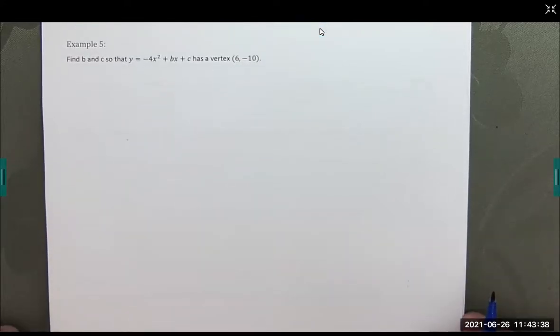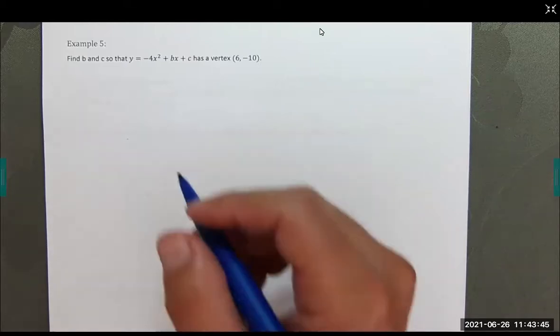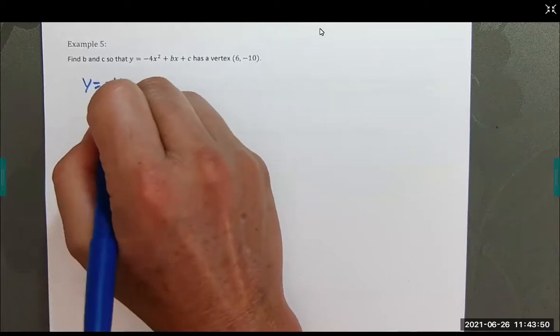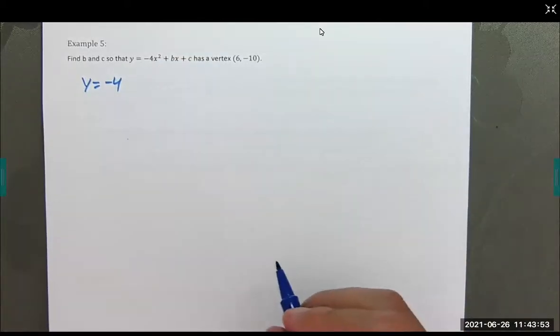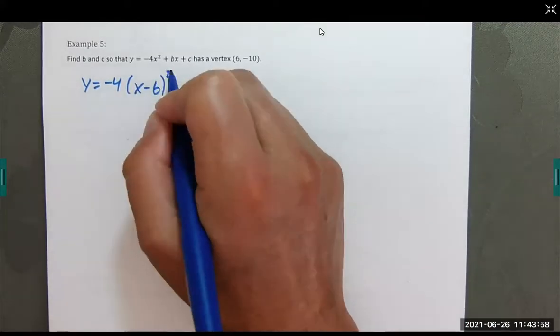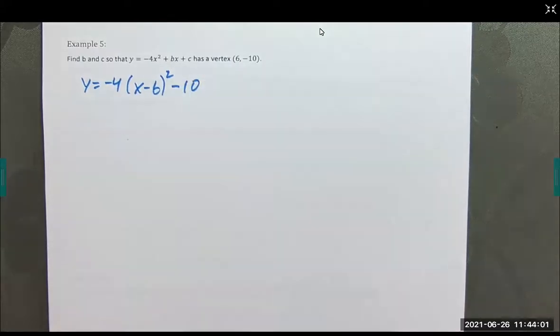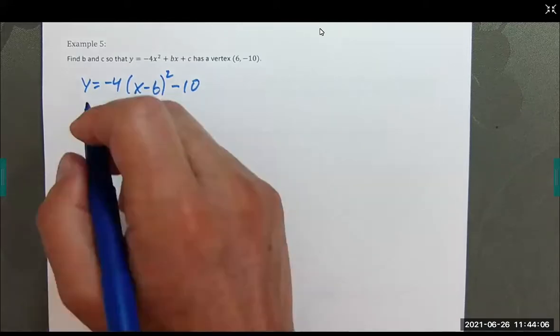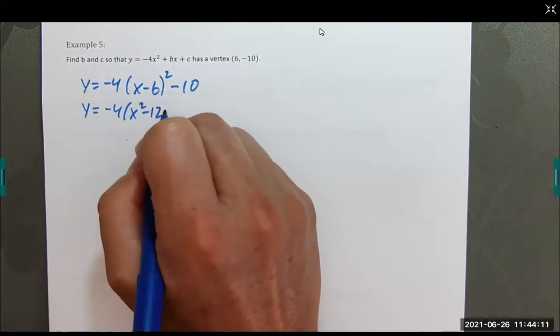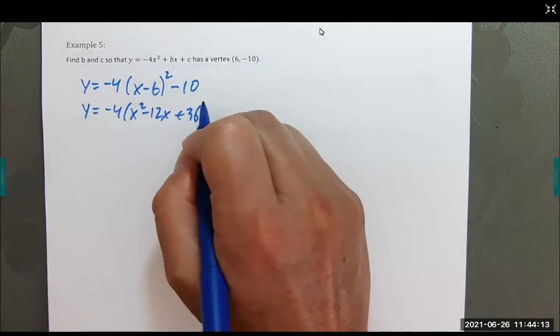Number 5, find B and C so that this has a vertex here. Cool. All right. So we know that y equals -4. The a for both forms is the same. And x minus 6 squared minus 10. And we can FOIL this out. Minus 10.